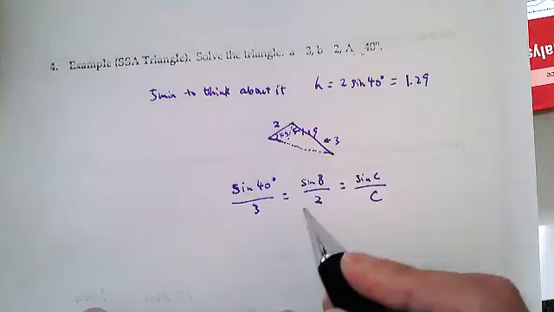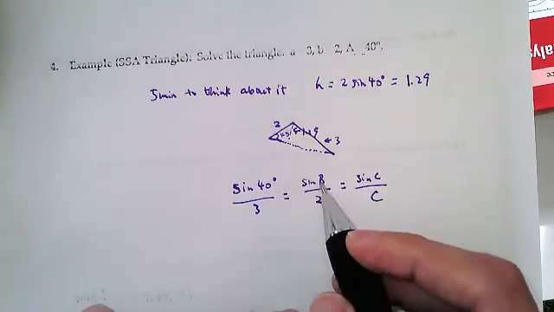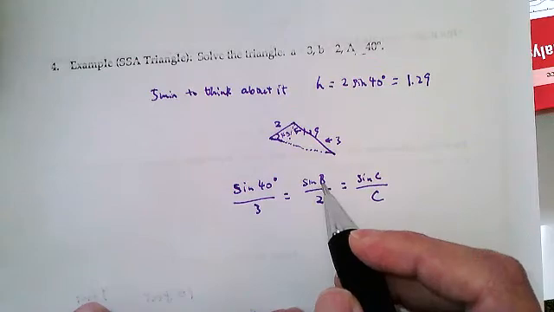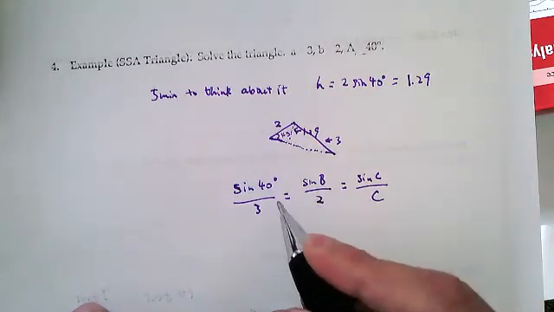Let's just look at this part. Here is B. What can you do? Multiply both sides.